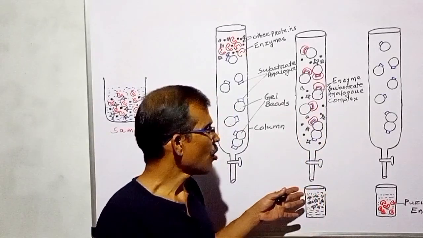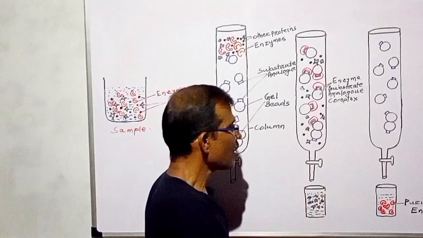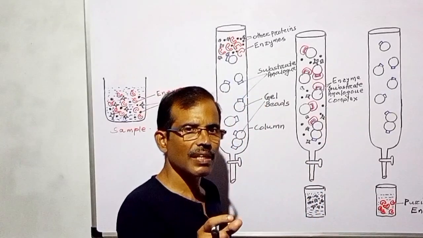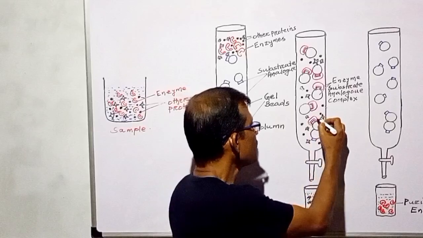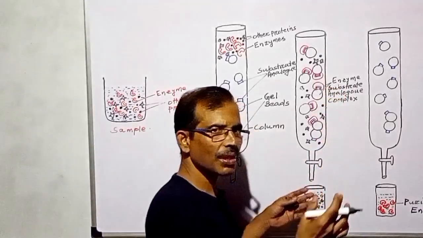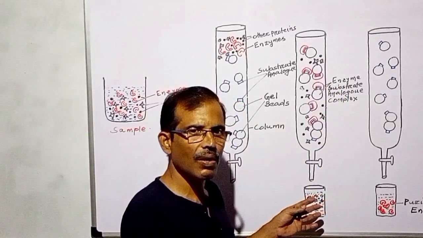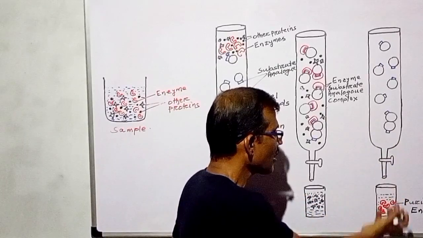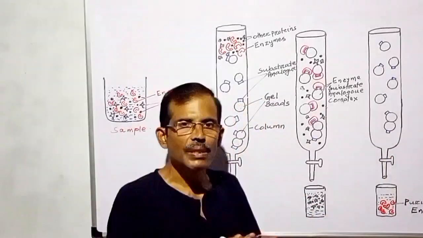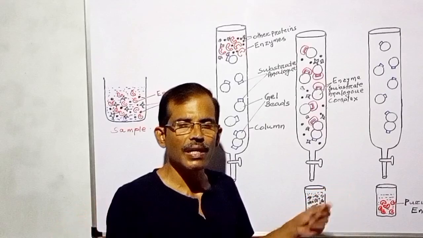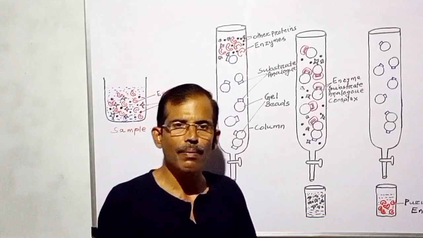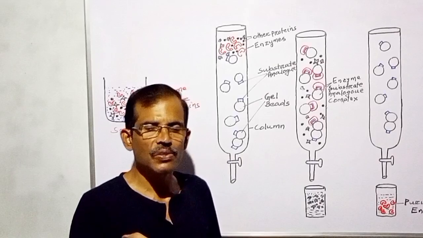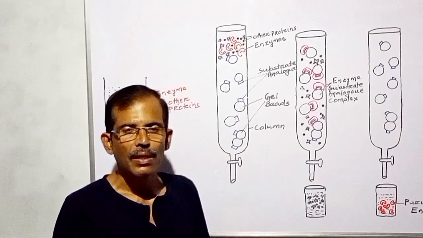After other molecules have been flushed out of the column, the wash solution is altered so that these enzyme molecules are dissociated from their substrate analogs, after which they can be easily eluted out of the column. Similarly, antibodies can also be separated from a sample by immobilizing specific antigens as ligand.